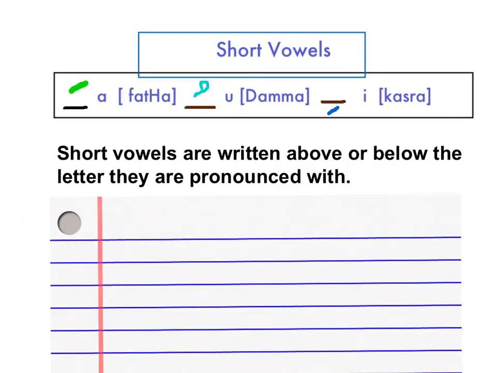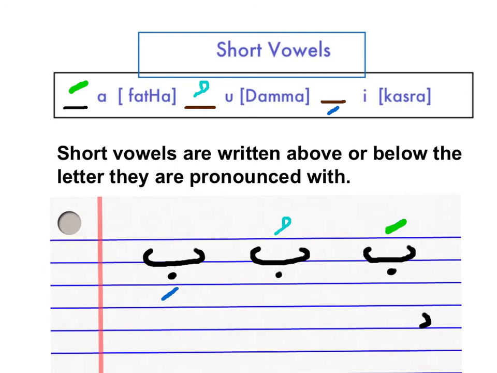Short vowels are written above or below the letter they are pronounced with. Let's look at some examples. باء with فتحة becomes ب. باء with ضمة becomes بو. باء with كسرة becomes بي. When we talk about short vowels in Arabic, we say they come after the letter which they are pronounced with.